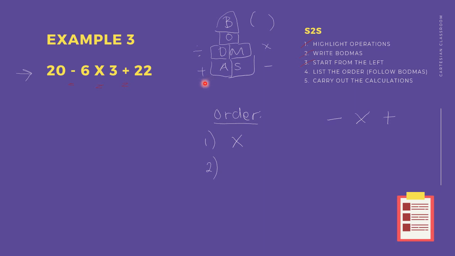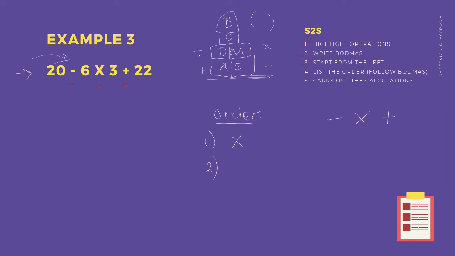When you look at your BODMAS, plus and minus, they are on the same level, meaning that not addition is on top, not minus is on top. They're both on the same level here, meaning whoever comes first is the first one you do.